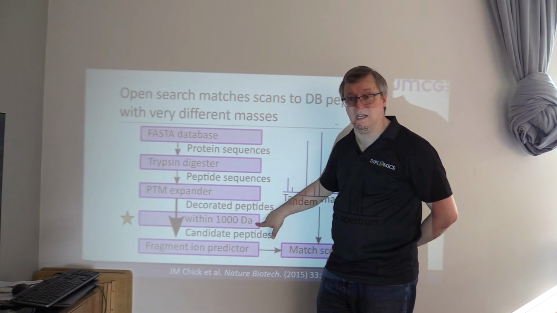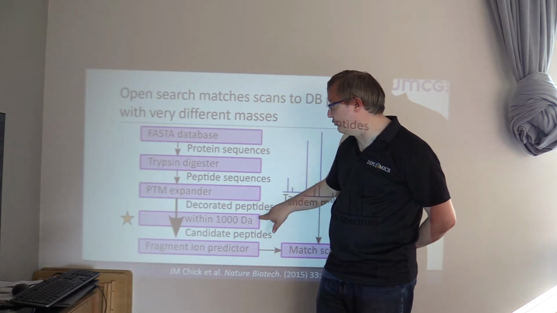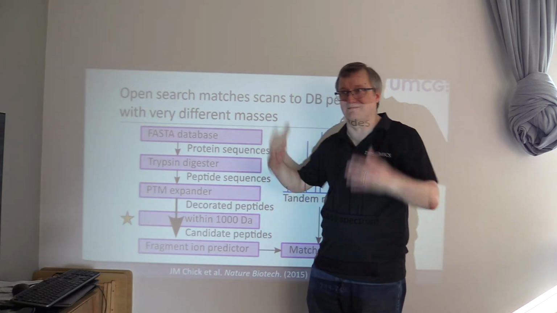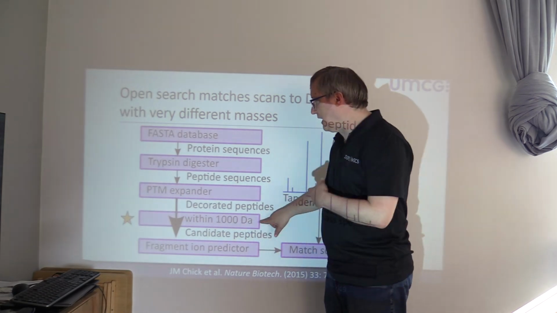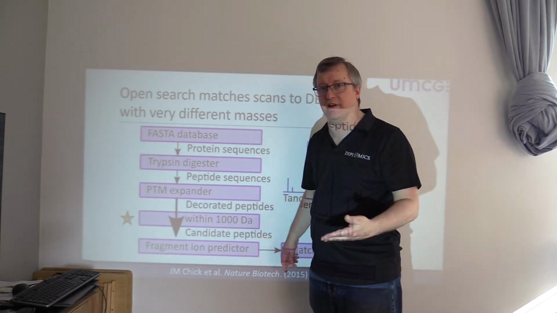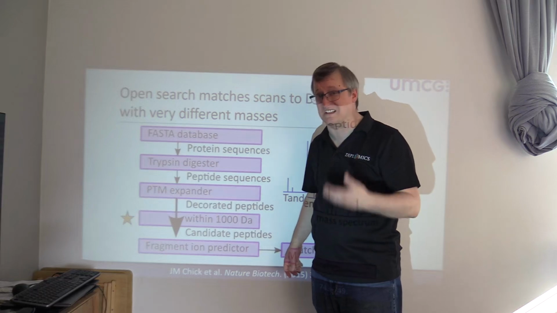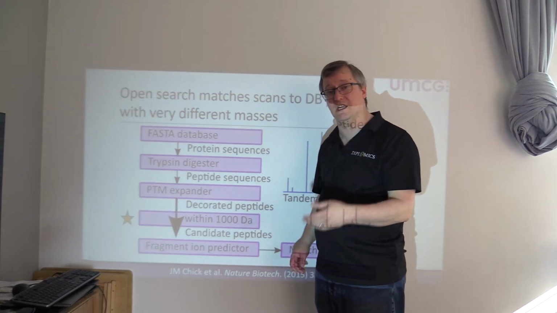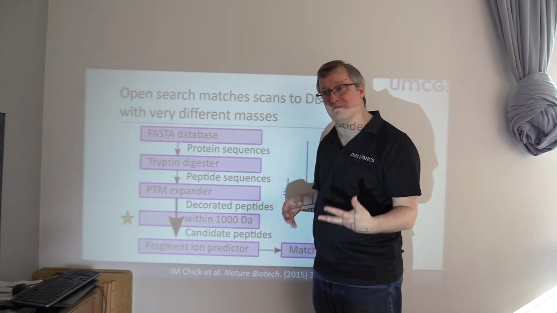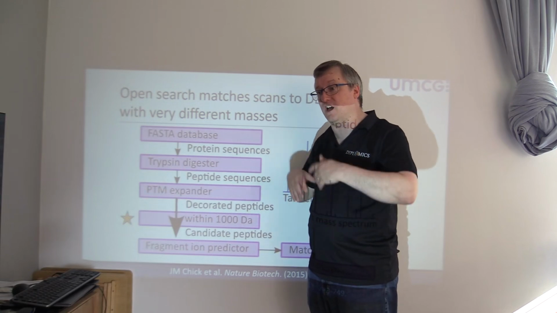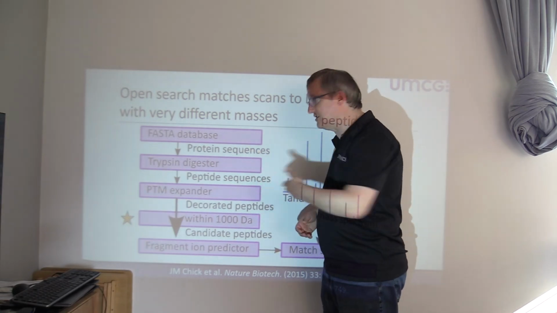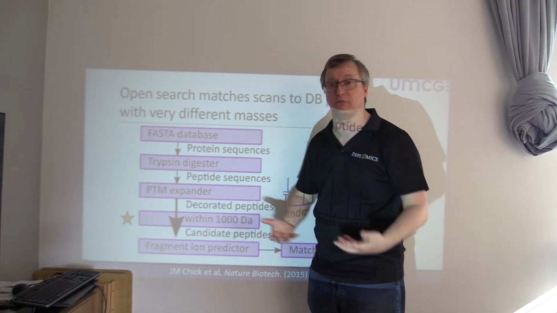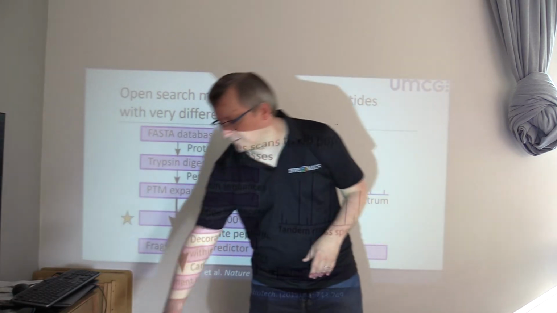Now we're saying any decorated peptide within 1,000 Daltons, that's just an arbitrary number, can be compared to more or less any MSMS. If we can find similarities, it might be that we have a mass shift of unknown mass that is here to represent this MSMS.